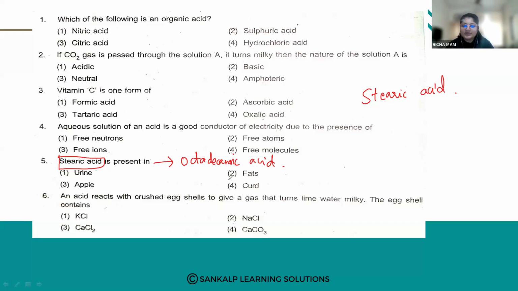Stearic acid is present in fats. So it is a saturated fatty acid, also called octadecanoic acid.